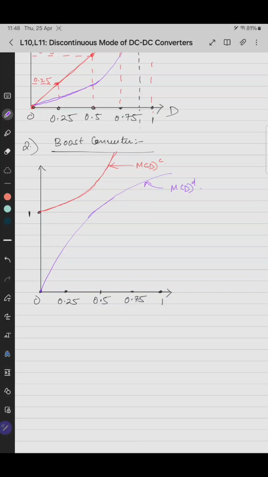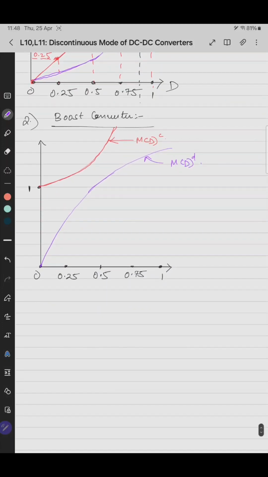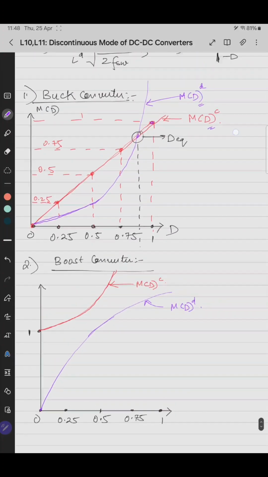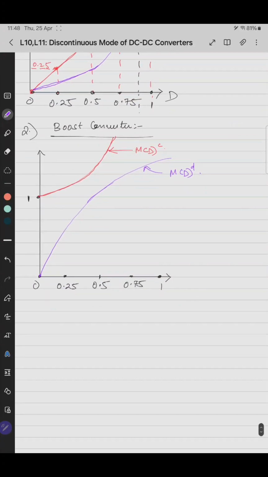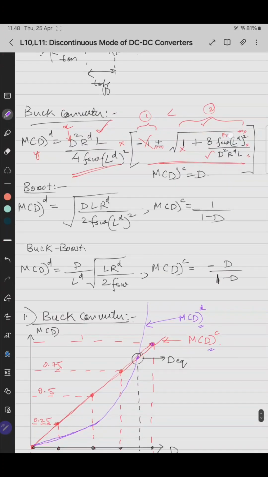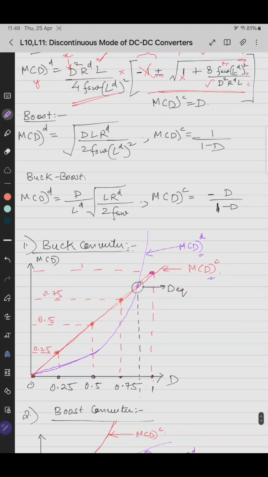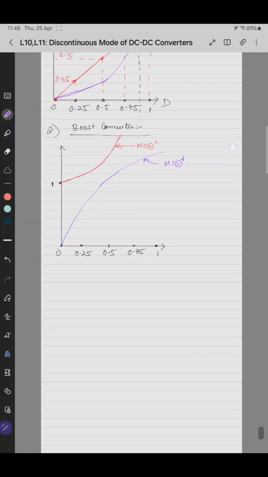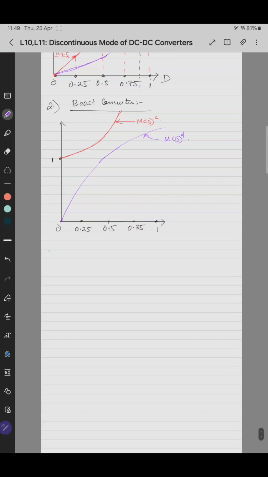It's obvious that at D equals 0, or at very small D, the gain for continuous conduction mode is greater than the gain for discontinuous conduction mode. And these waveforms may or may not intersect. That depends on the value of this term, L R D.